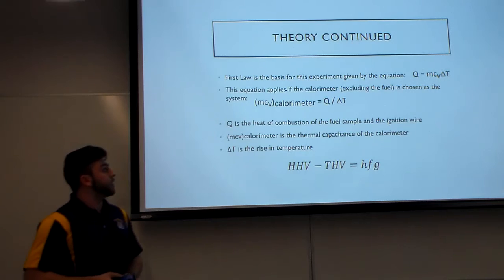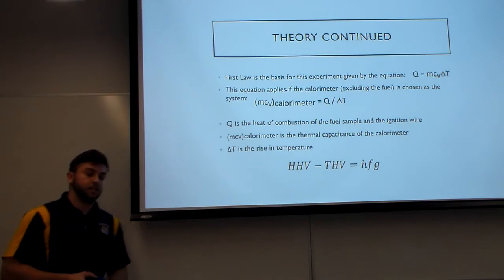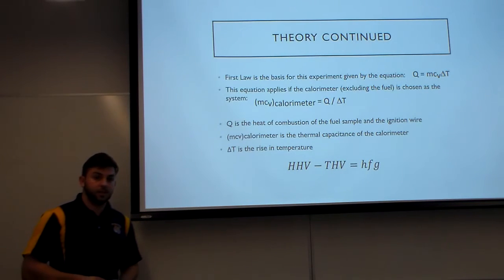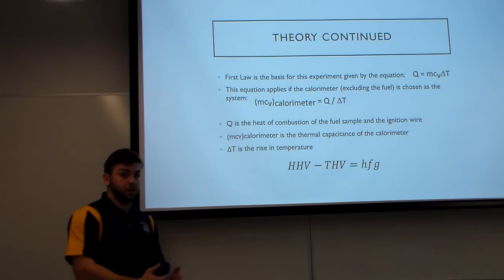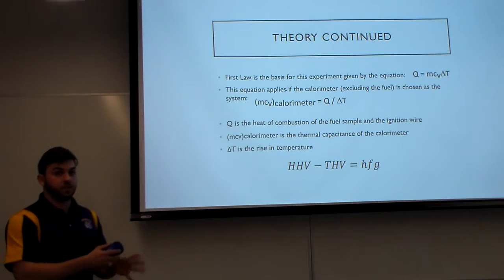The main theory behind this experiment is using the first law of thermodynamics. So the amount of heat into a system is equal to the amount of work plus whatever change in internal energy there is.